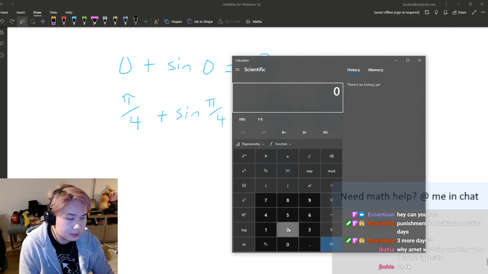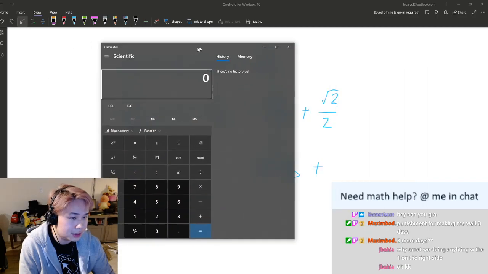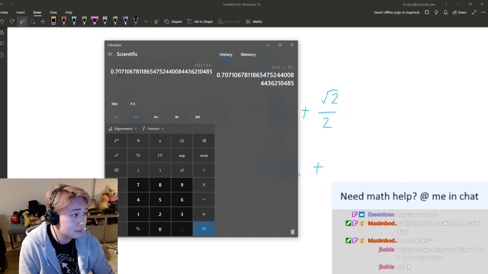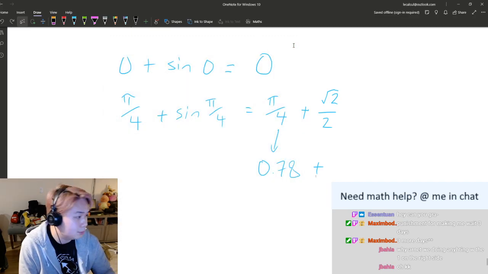So we have 2, you square root it, you divide it by 2, and then you get 0.7, more or less. Now, if you were to add these together, then that's 1.48 or something.